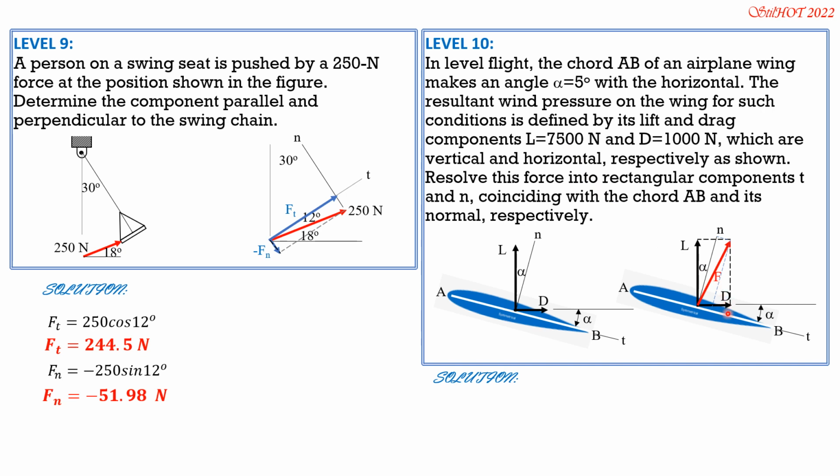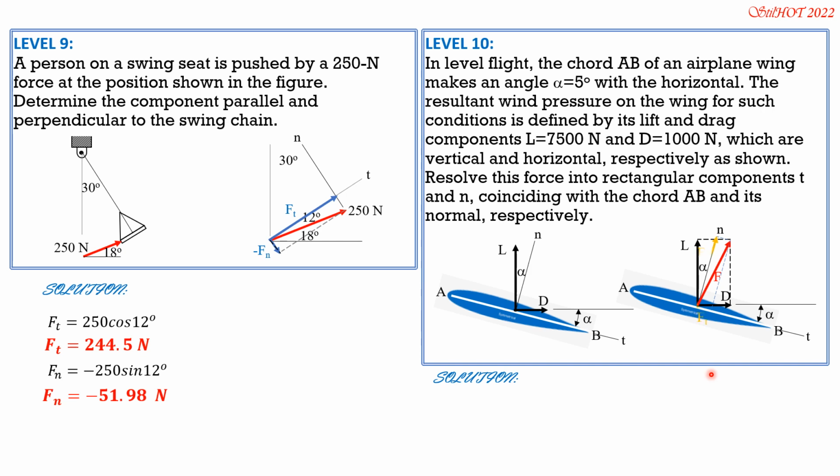And then for the tangential and normal components, from the tip of that resultant we draw lines parallel to the normal, which is this blue here, and parallel to the tangential, which is this one. So both the tangential and the normal components are positive in this case.